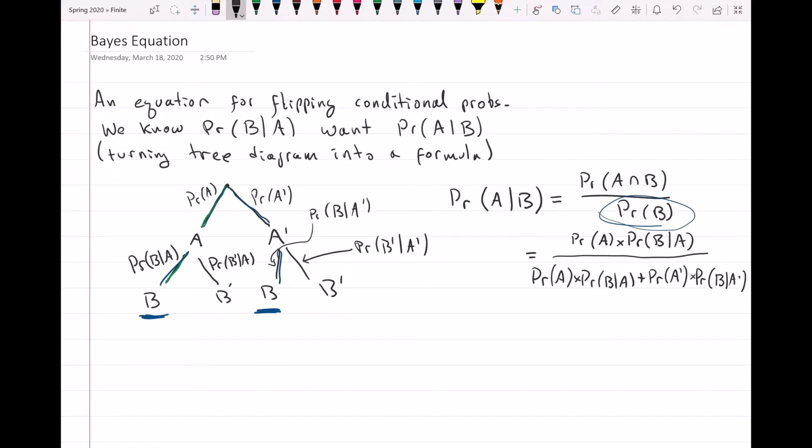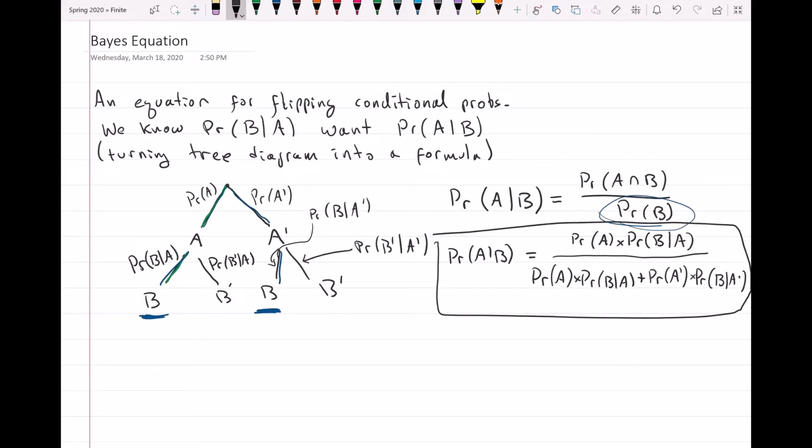And then this is the probability of A given B. So what we know is the probability of B given A and B given A complement. This is flipping the probabilities, and this is just called Bayes' equation.